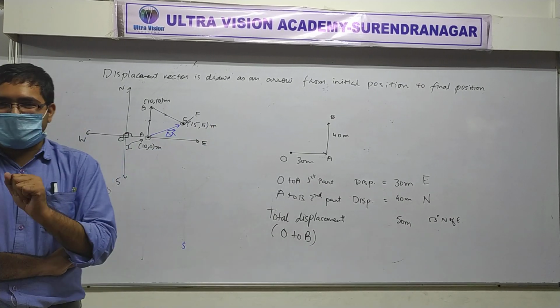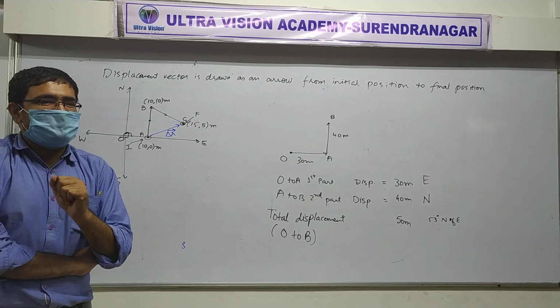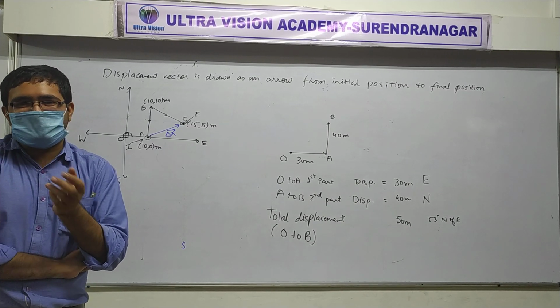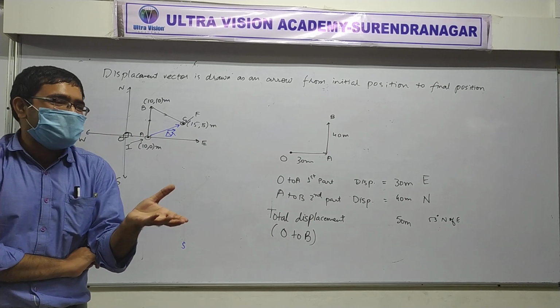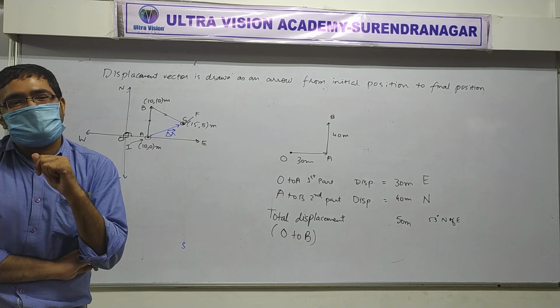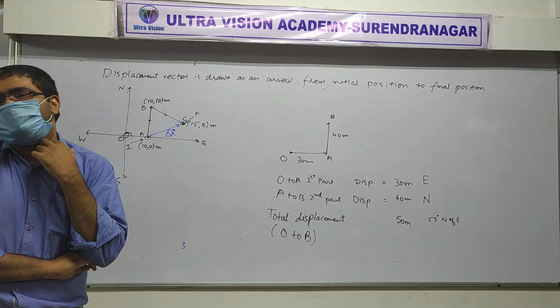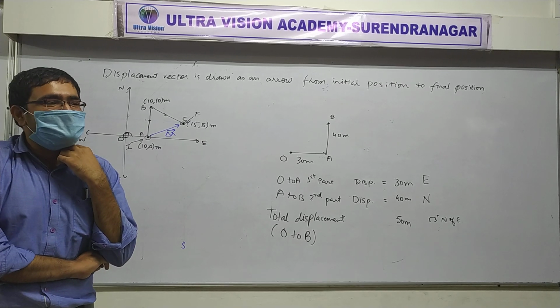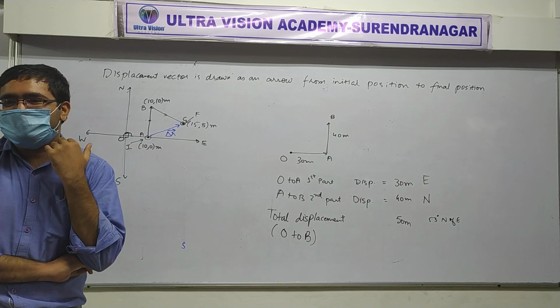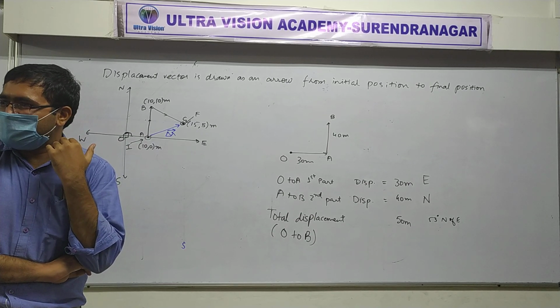This is something a little strange here. Displacement in first part 30, displacement in magnitude of course, second part 40, but total 50. Is 30 plus 40 equal to 50? No.